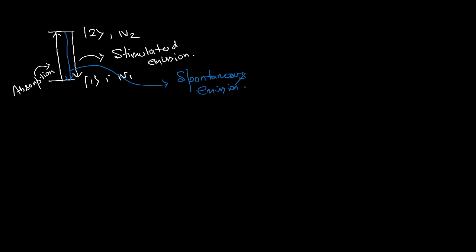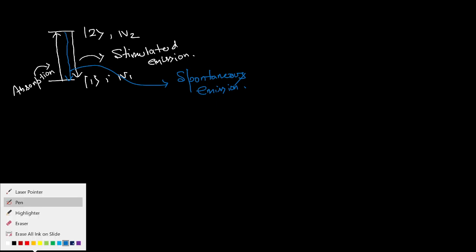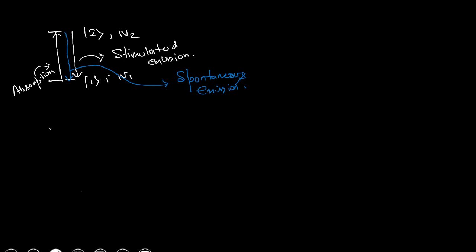All these phenomena are in thermal equilibrium, and at thermal equilibrium the rate of absorption will be equal to the rate of emission, and this formula is given by Albert Einstein. So at thermal equilibrium, you can segregate the rate of emission into two parts.